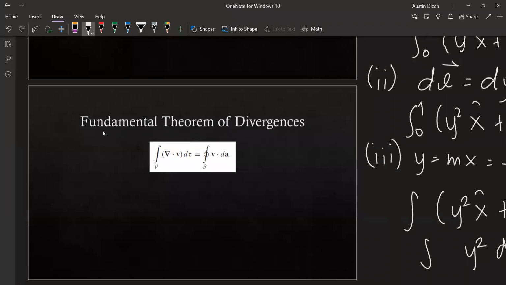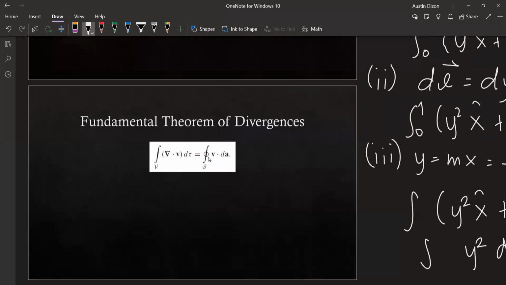And then fundamental theorem of divergences or divergence theorem. Ito, sinasabi niya na yung divergence ng V mo, kapag tinotal mo yan over some volume, d tau is just your volume, that will be equal sa dun sa flux ito.